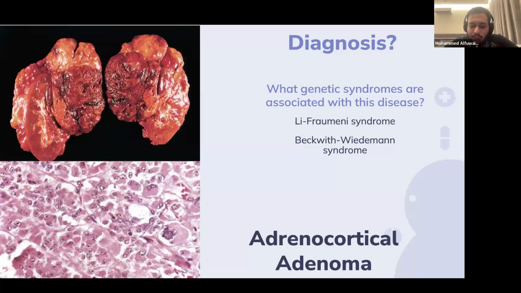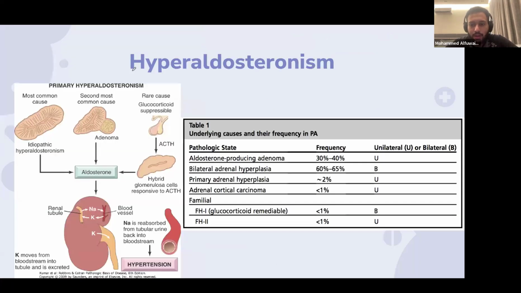It basically causes a lot of sarcomas, adrenocortical carcinoma, breast cancer, and leukemias. So it's a syndrome of many tumors. Beckwith-Wiedemann is another tumor syndrome, but it's very rare. So that's adrenocortical carcinoma and adrenal adenomas.